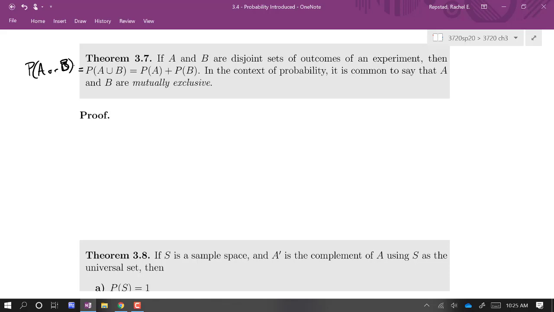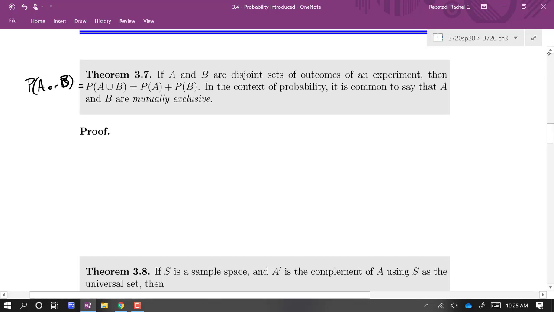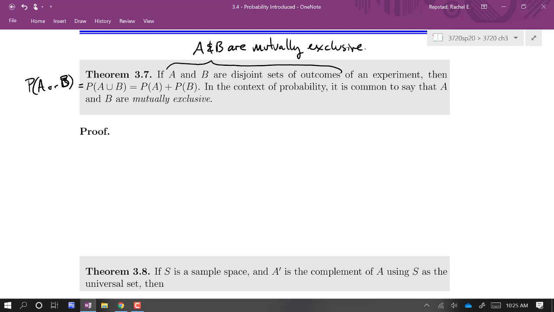So an or is the union, and if A and B are disjoint sets of outcomes, meaning they have nothing in common, in probability speak we would say that A and B are mutually exclusive, like they can't both happen at the same time. So if there's no overlapping, then the probability of A union B is just the sum of their probabilities.